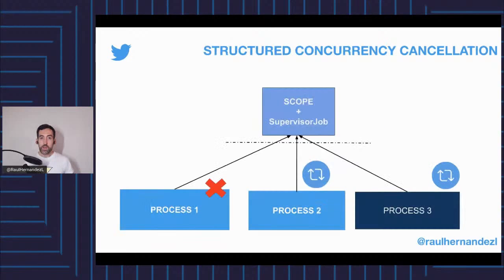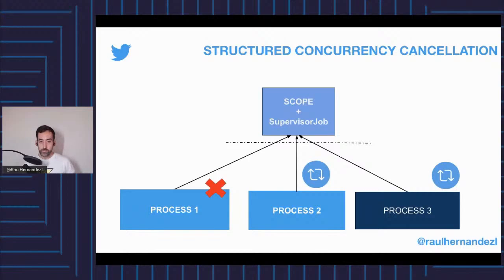By that, I mean, we have this scope plus supervisor job, and then we have those three processes that we mentioned earlier. And this process 1 just got canceled because it threw an exception. That means that probably we don't want to cancel 2 and 3. By having scope plus supervisor job, we can avoid that. And we have this in the root scope.